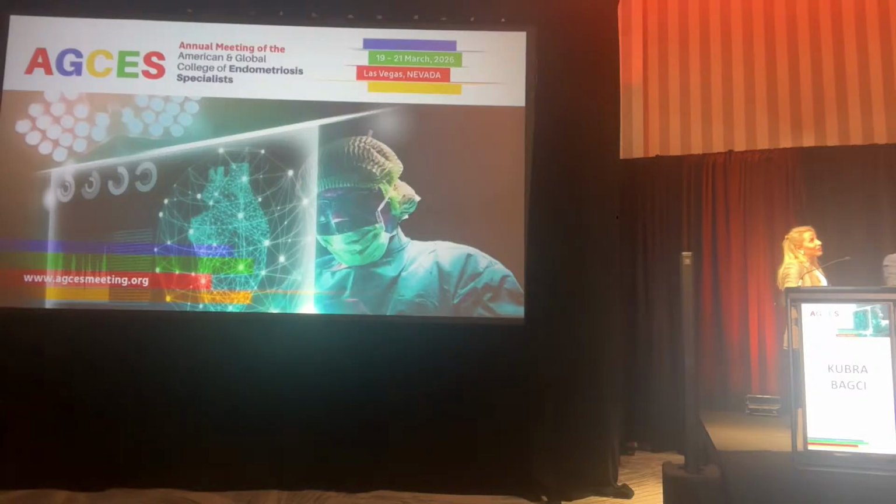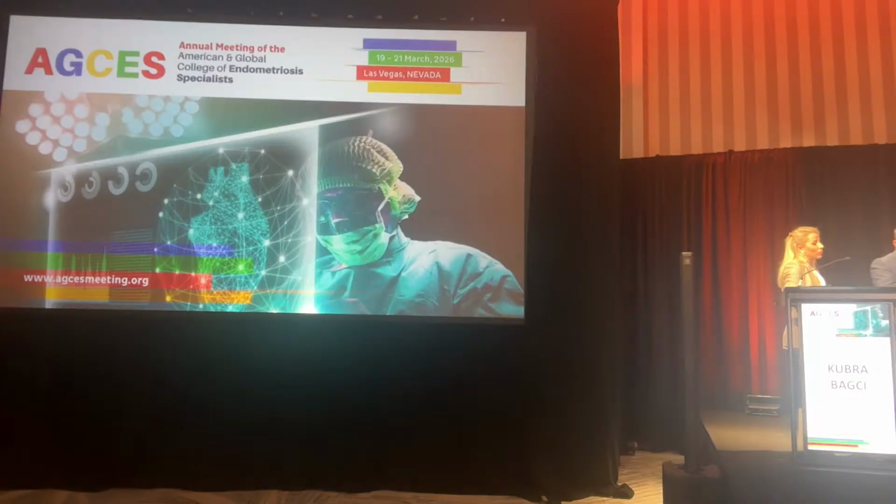If you always see the ureter under your vision, it makes the surgery easy and decreases the surgeon's stress also.